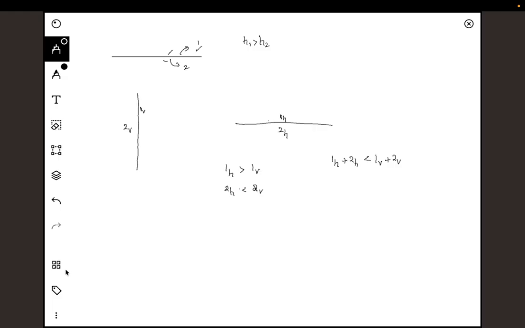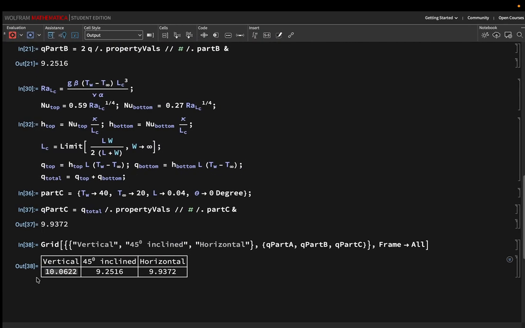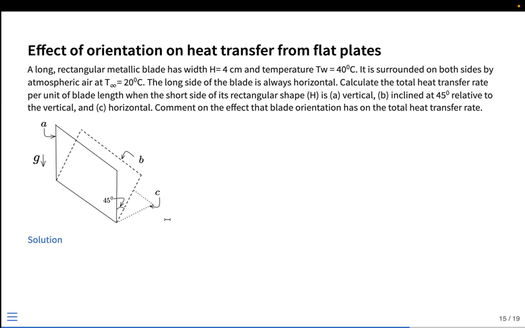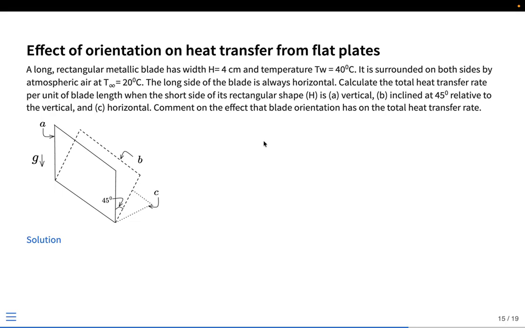So this is even lesser than the vertical case, so that eventually brought the center value a little lower. They're not that different, they're slightly lower, 10.0 and 9.9, so they're almost equal to each other. And this is for this particular Rayleigh number. For a different Rayleigh number, you might actually end up having a higher value for horizontal or a very high value for vertical. The idea is that you have to be clear on how to compute these values.